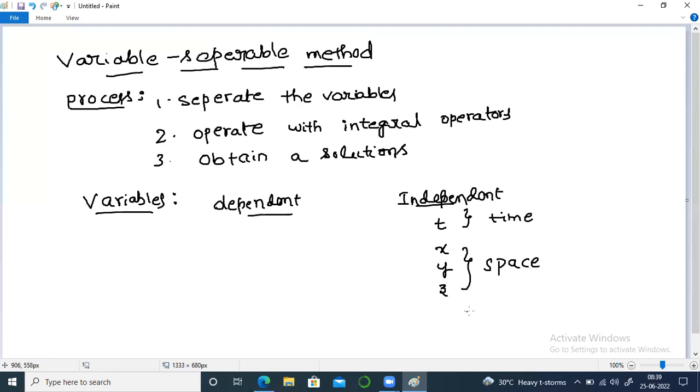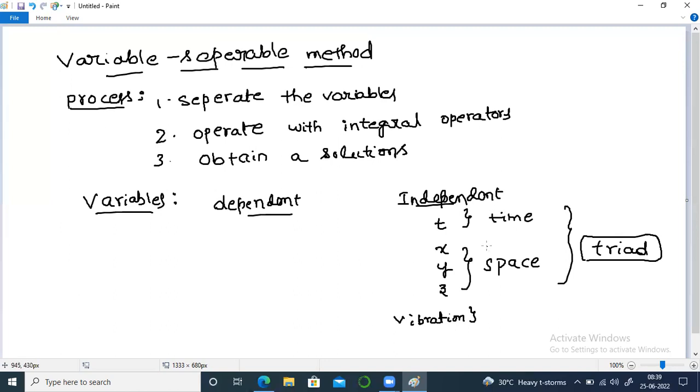Even in higher classes, maybe at PhD level, we mention vibration also as one dimension, as an independent variable. These three together we call a triad in higher dimensions of study.